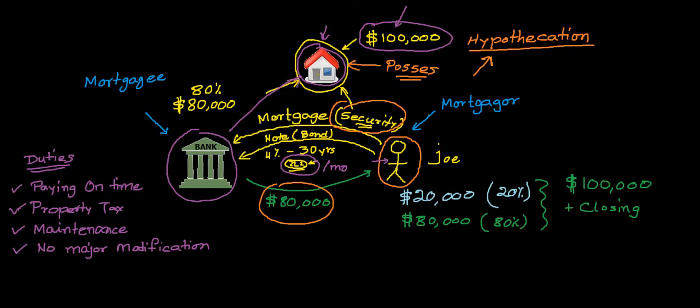So in case of any default, they want to foreclose and make sure that they get back whatever money they're lending right now. So they don't want any major modification to the property. These are the duties of the borrower, in this case Joe, to maintain the mortgage.